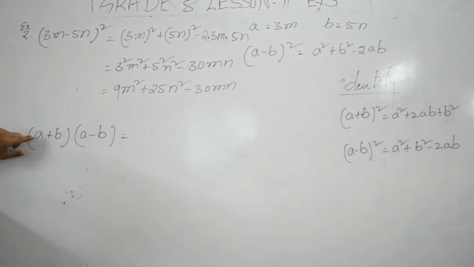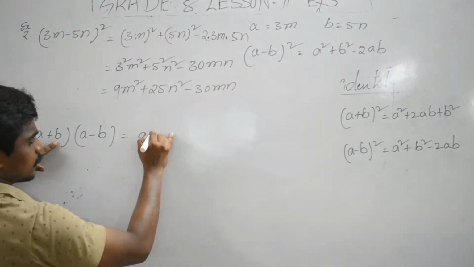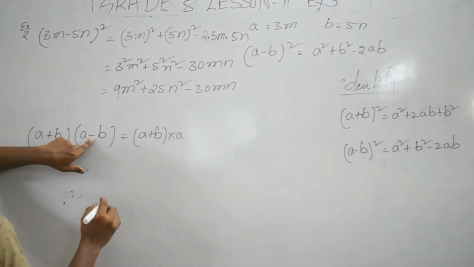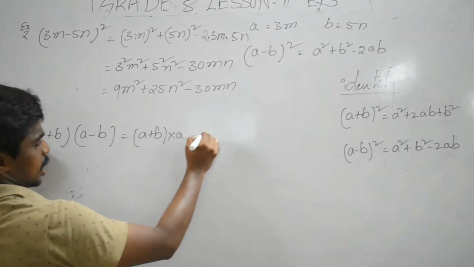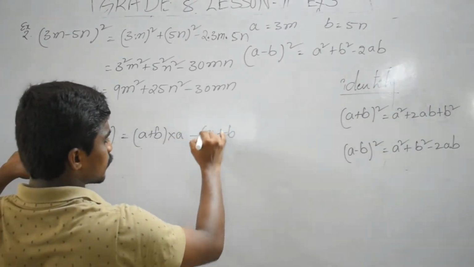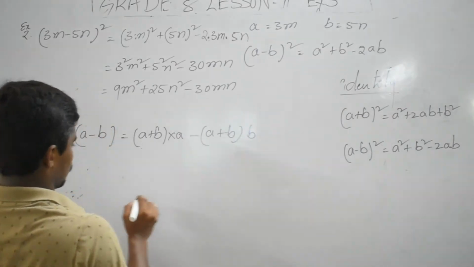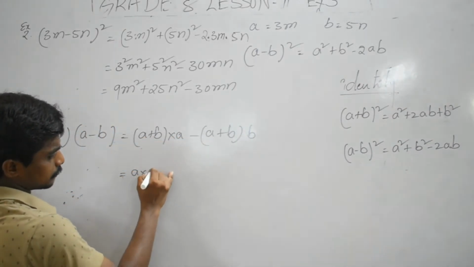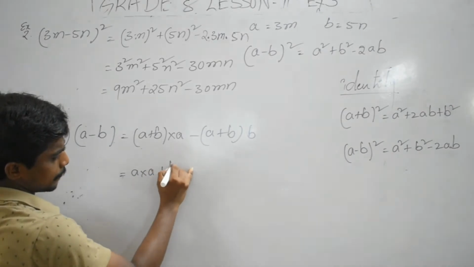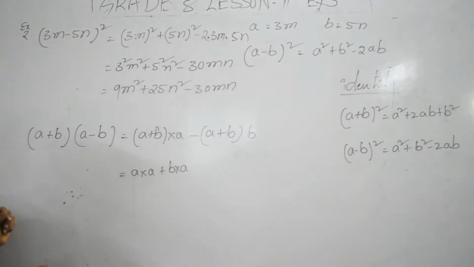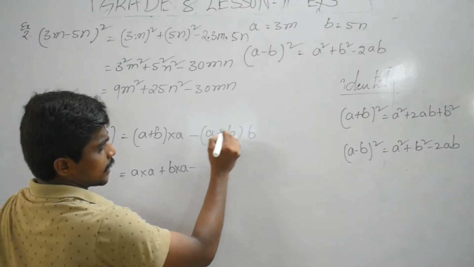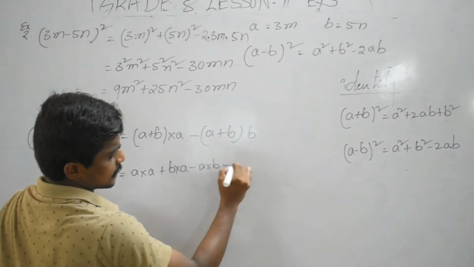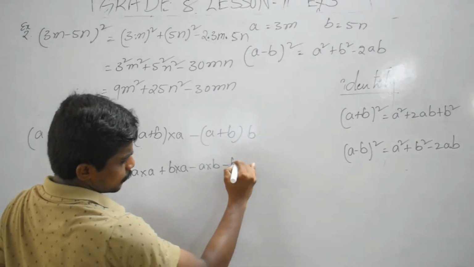So now a plus b times a, minus a plus b times b. Now a times a, plus b times a, minus a times b, minus b times b.